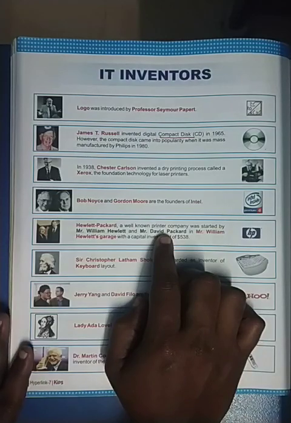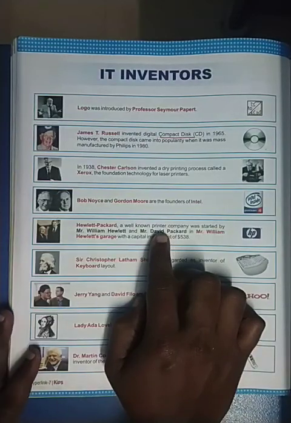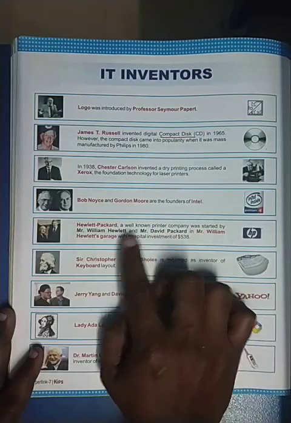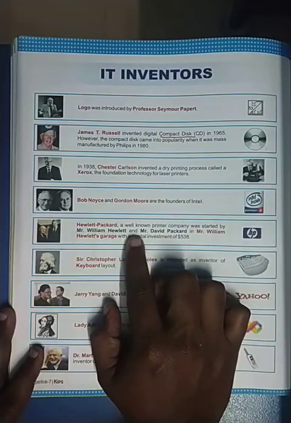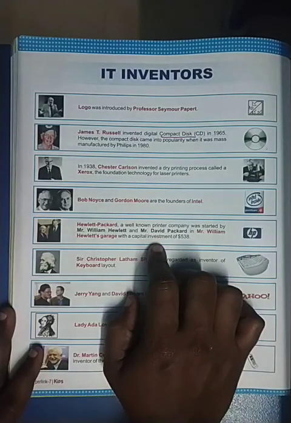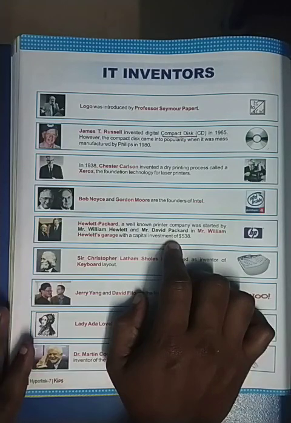So first it started as a printer company only, which was started by Mr. William Hewlett and Mr. David Packard. So that is why it is called HP. They have taken the surnames of the two persons, Mr. William Hewlett and Mr. David Packard, and put them together as a company name.